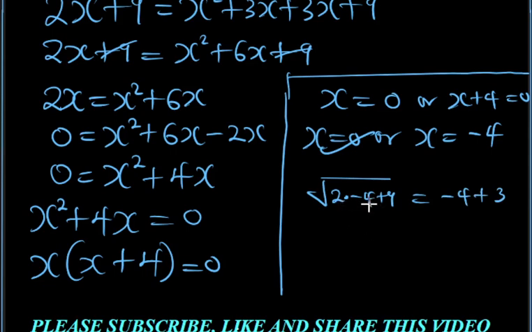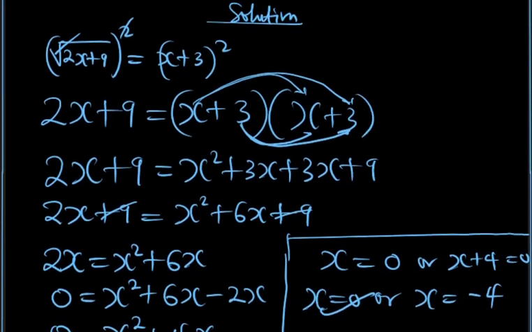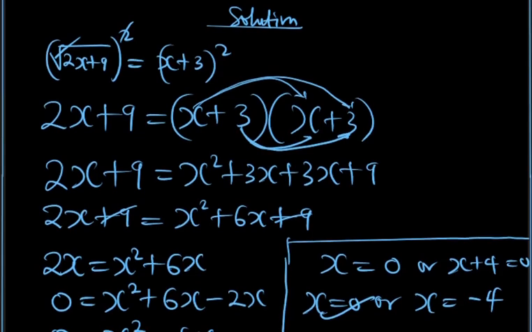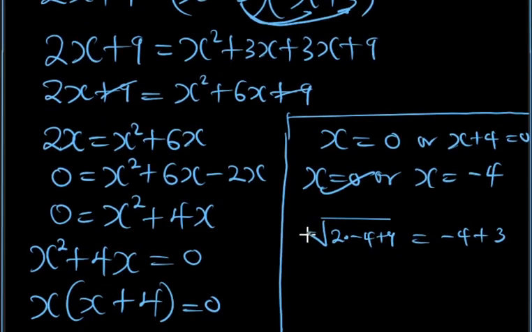So 2 times -4 is -8. -8 plus 9 is 1. So this is root of 1 is equal to -4 plus 3, which is -1. So root of 1 is 1.